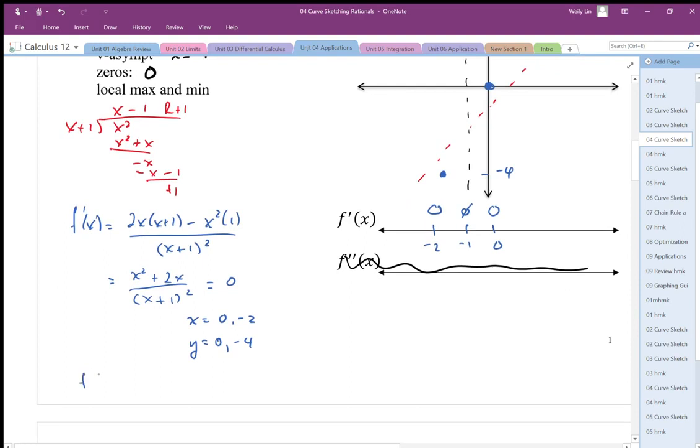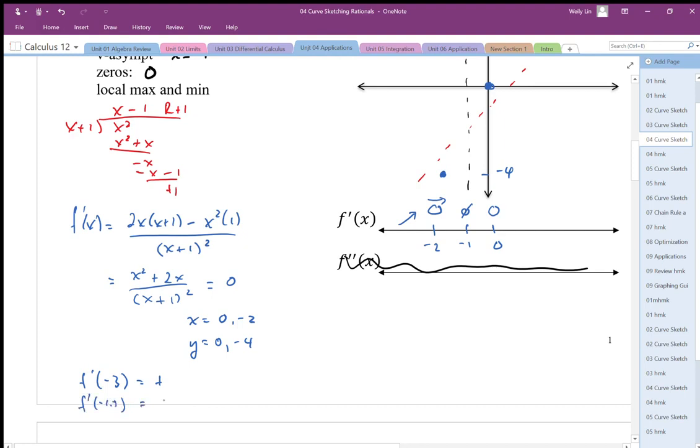f prime at -3. If I plug -3 into there, it's going to be positive, so I know it's going up across. Let's go f prime at -1.5.